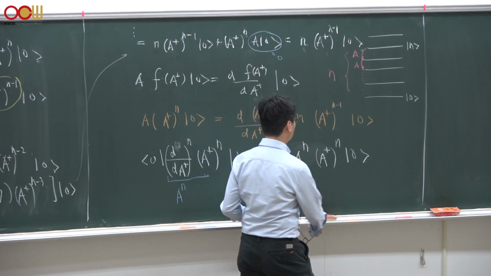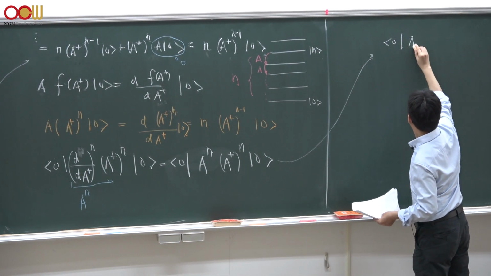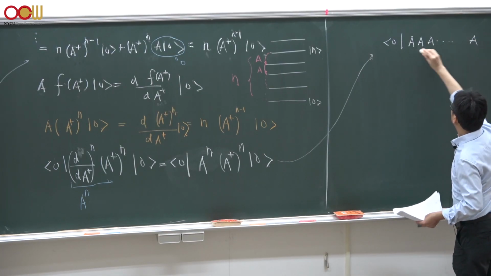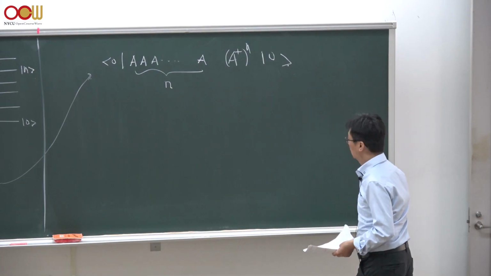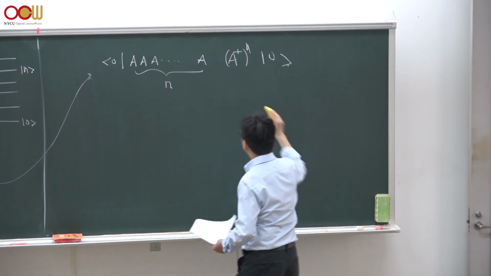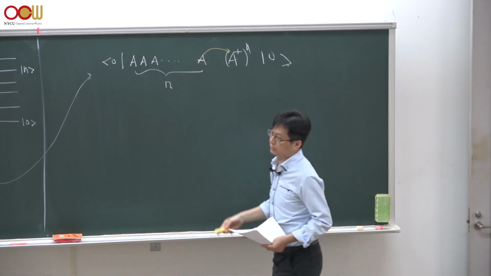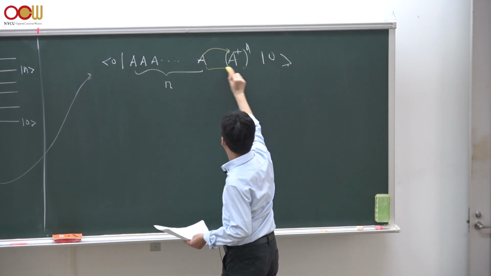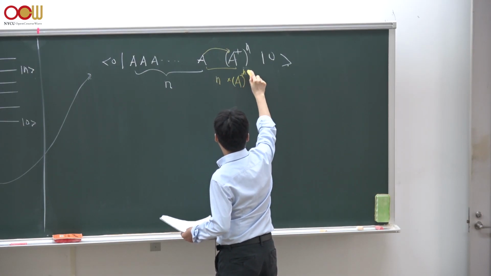So I could simply separate this operation n multiple times. Okay, so I could do it one by one. So when I take differentiation one time by applying this a operator onto this a dagger to the power of n, I get the factor of n, right, times a dagger n minus 1.